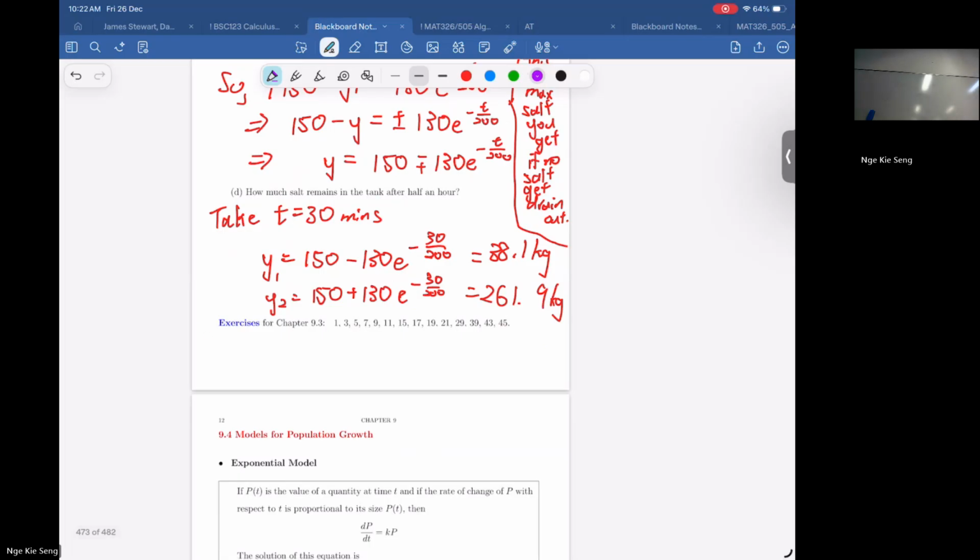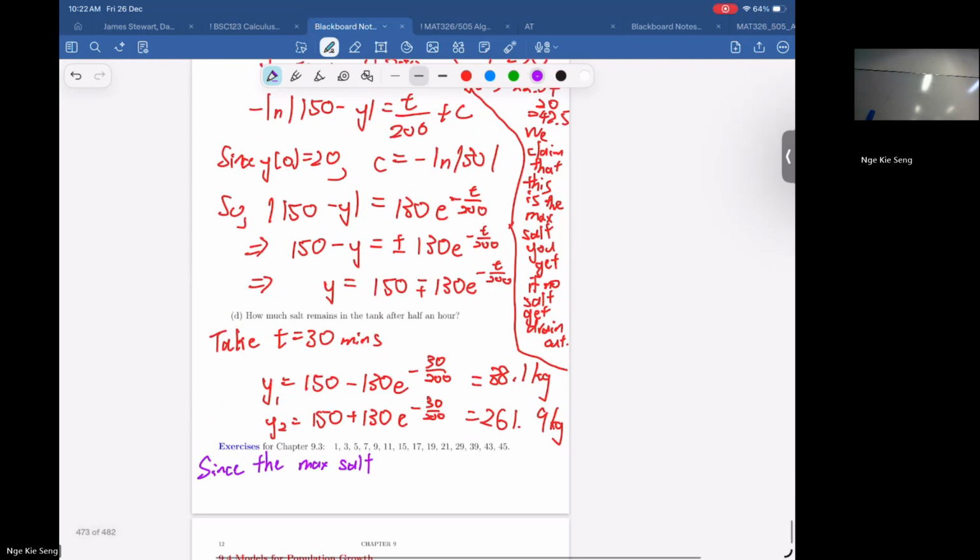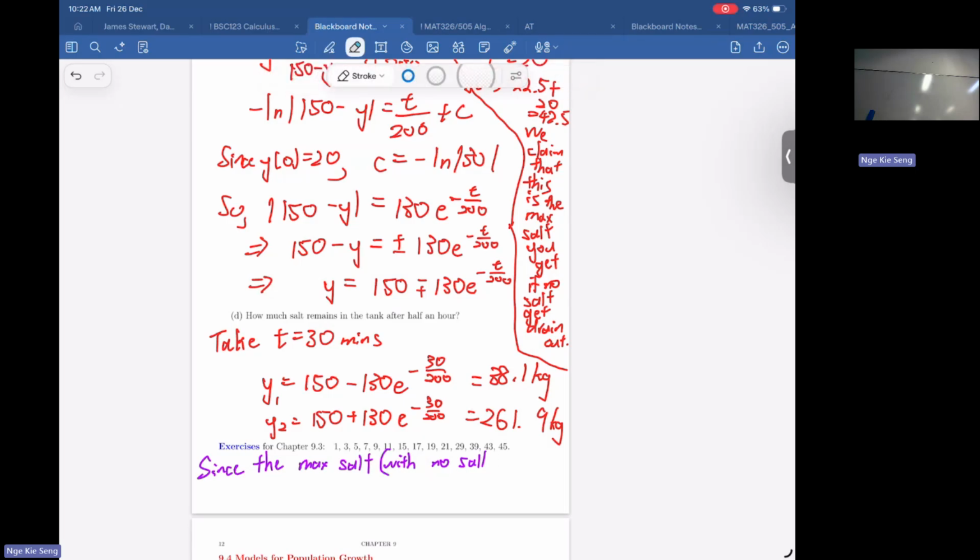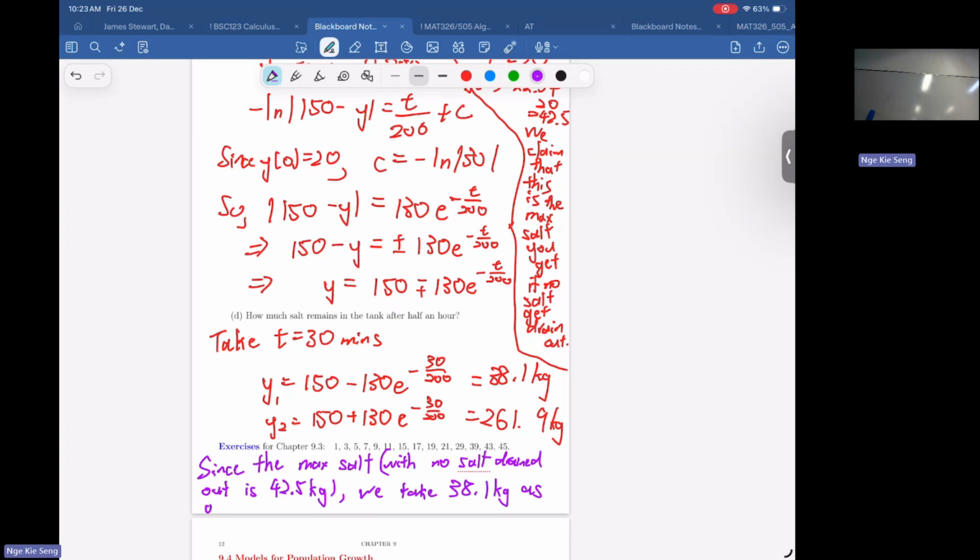The maximum salt in the drain is 42.5 kg. We take 38.1 kg as our result.